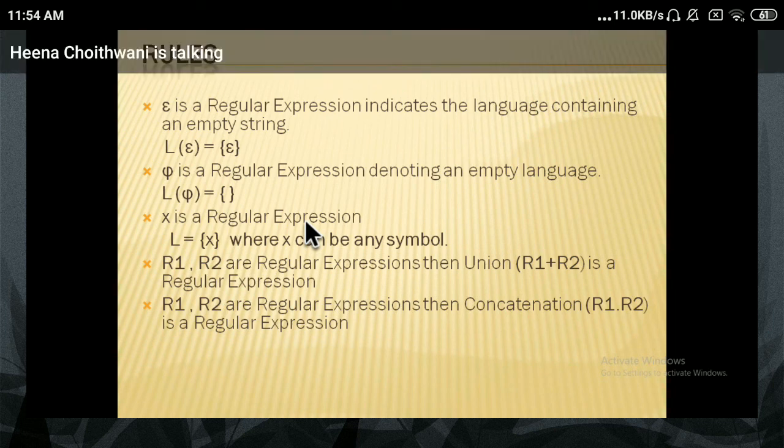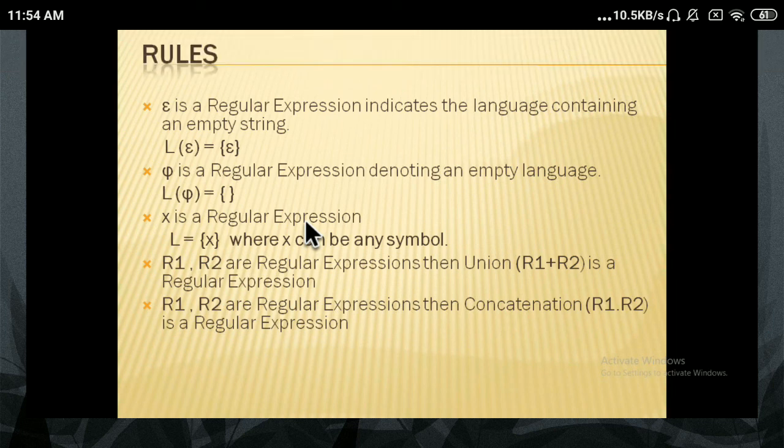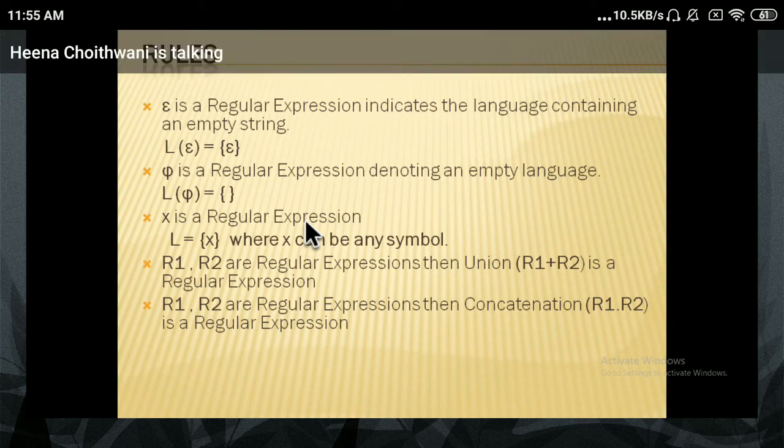Now we have seen a singleton symbol is a regular expression. Then if you concatenate two singleton symbols, say A and B, your string will become AB, right? So can we say AB is also a regular expression? Rule 3 says X is a regular expression where X can be any symbol.